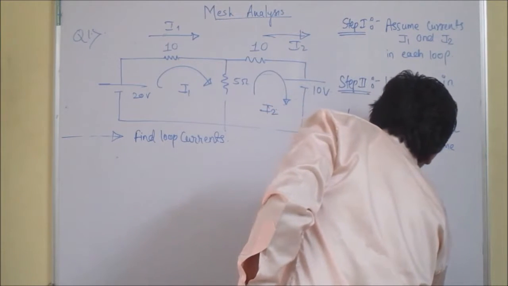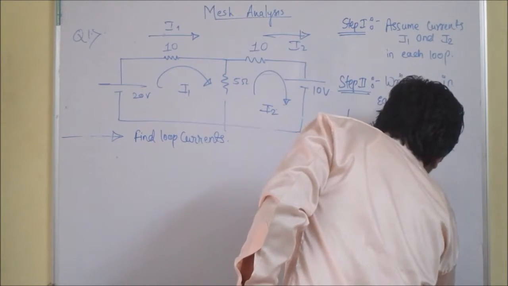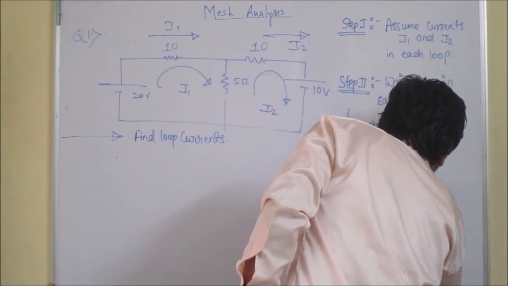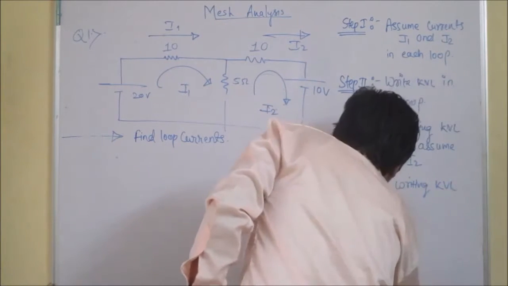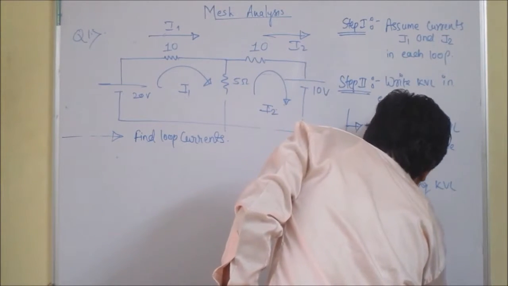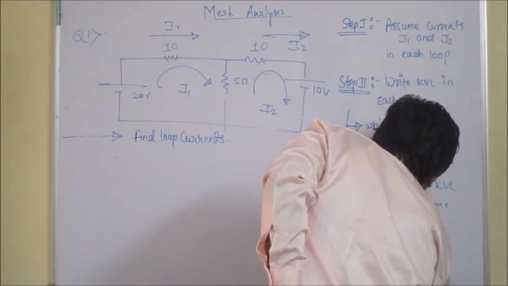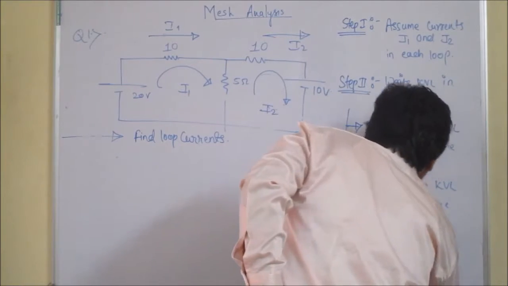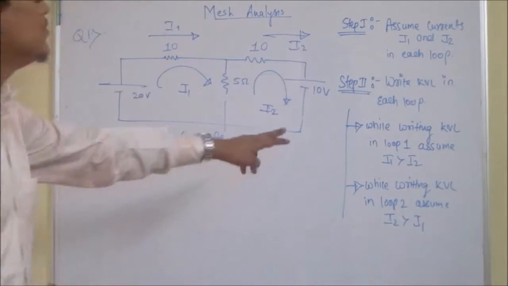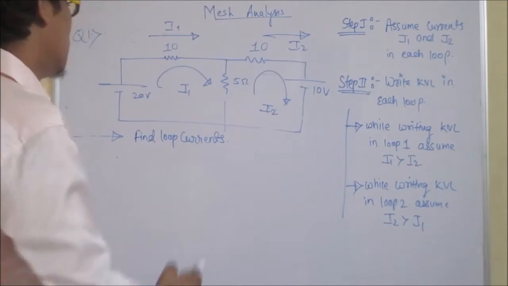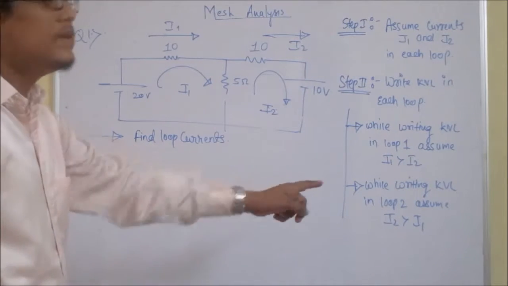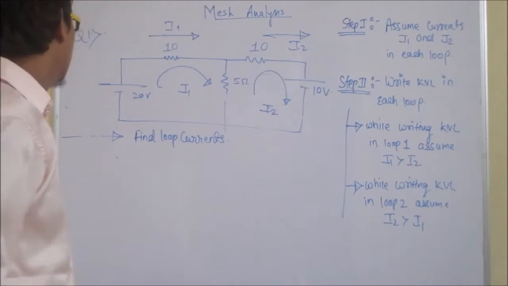While writing KVL in loop 2, assume I2 is greater than I1. You have to assume these two things.